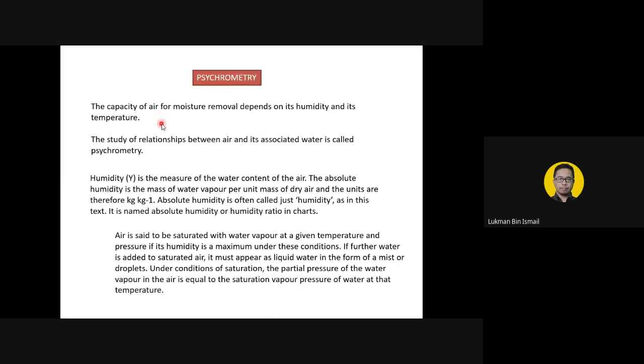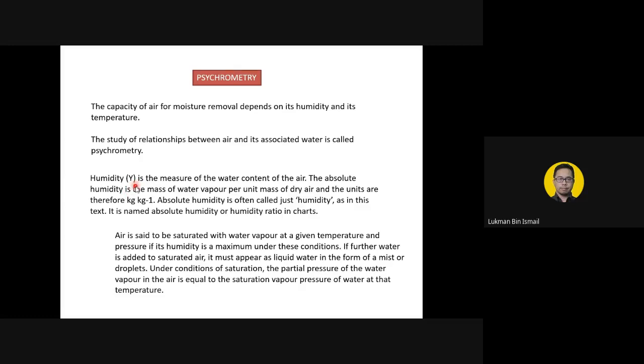The capacity of air for moisture removal depends on its humidity and its temperature. The amount of moisture that can be carried in air depends on the humidity of the air and the temperature as well. So the study of relationships between air and its associated water amount is called psychrometry.